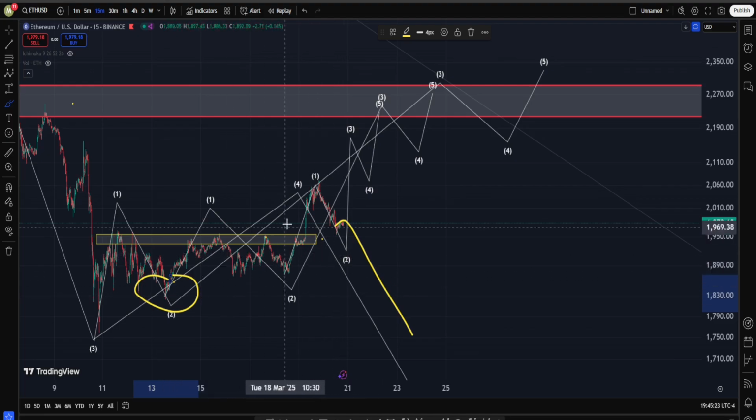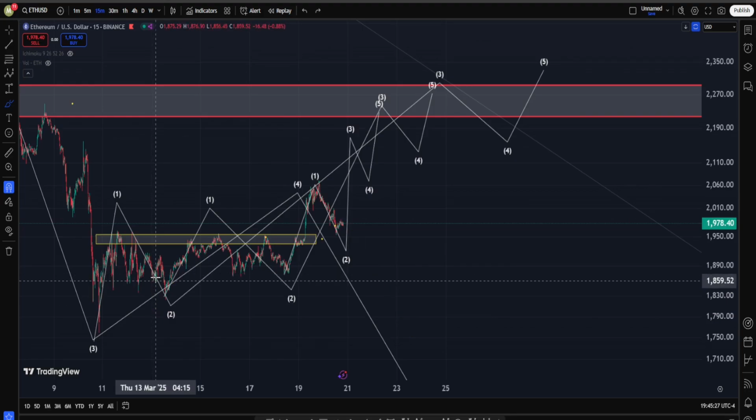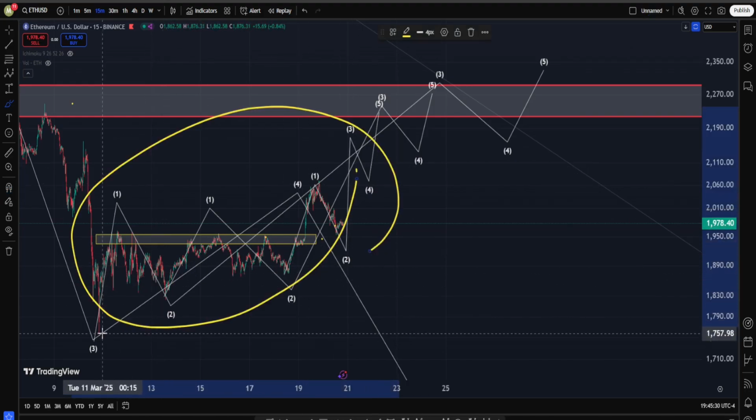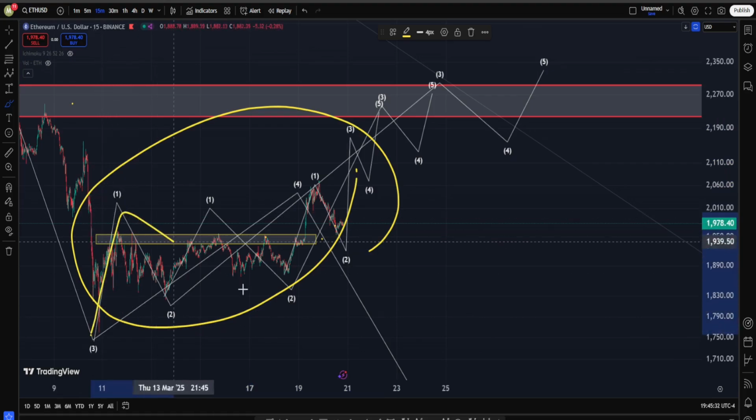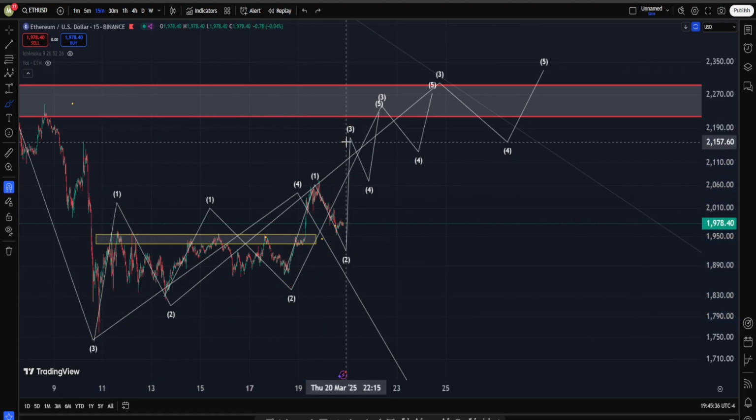Why is it? Because if we take this low at that point, I'm going to say, look, there's a very high chance that this is a correction, like I told you earlier, probably in form of an ABC zigzag, and our move down may continue just a bit more.